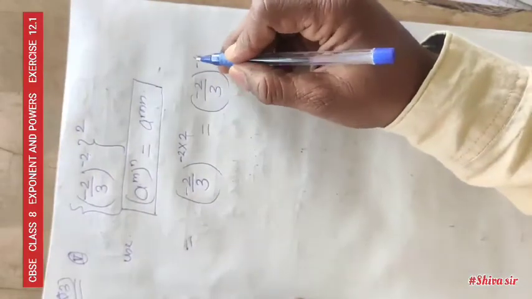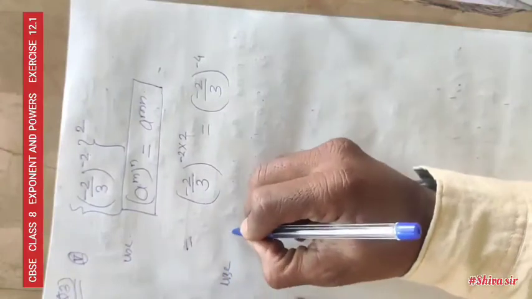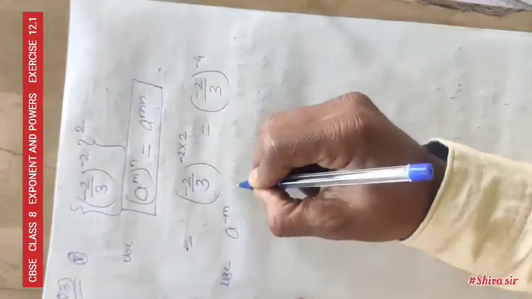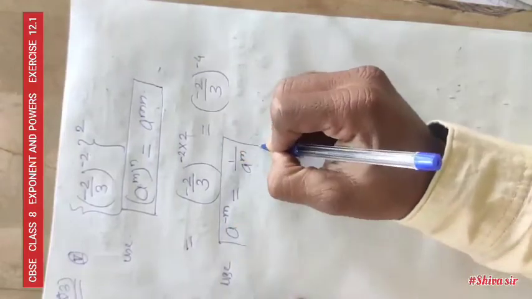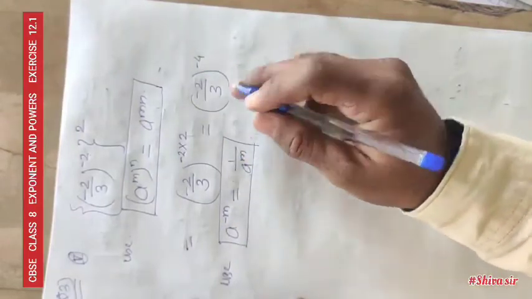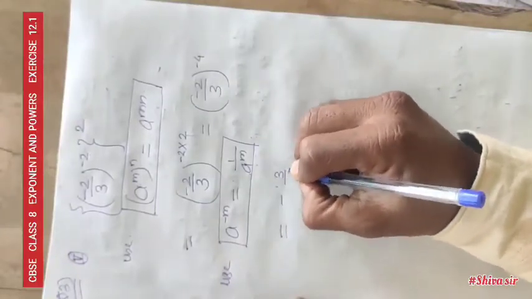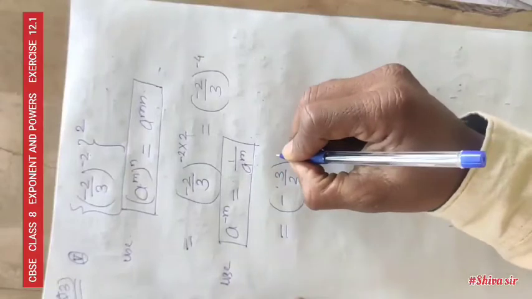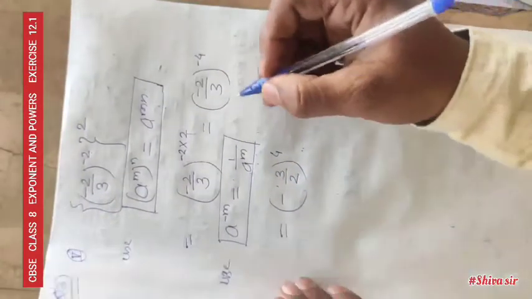So by using the multiplicative inverse, here again we use a raised to the power minus m is equal to 1 upon a raised to the power m. So by using this formula, here minus 3 upon 2 raised to the power 4. Why this step?